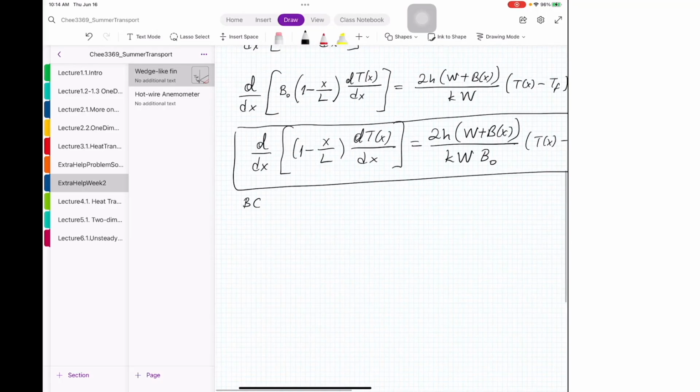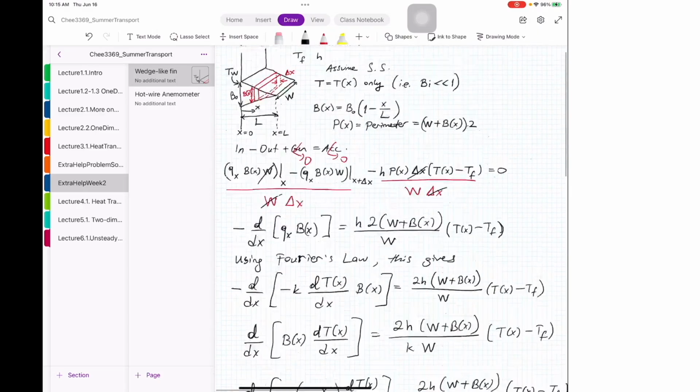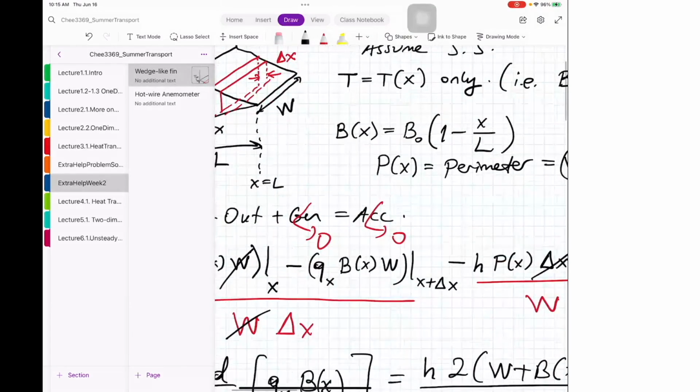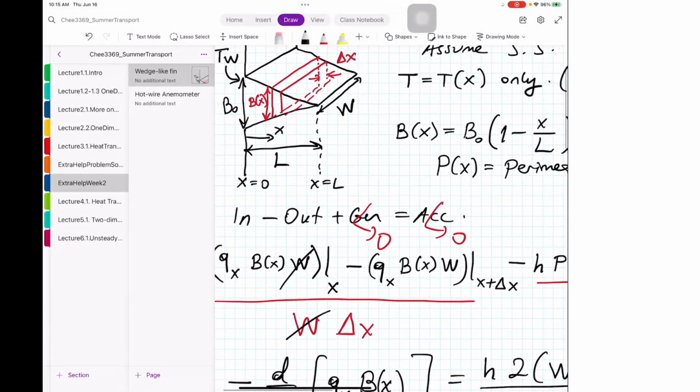Boundary condition 1, at x is equal to 0, the temperature is equal to Tw. And the second boundary condition is at the tip of the wedge here, you can assume that there is no more heat conduction to the right, because it's the end of the conduction zone.